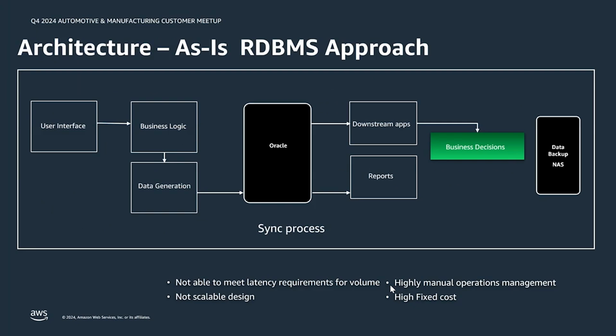Then there will be business logic in place where, using our proprietary algorithms, it runs and the data is generated. The data typically goes to an RDBMS system, where we primarily use Oracle, which stores the information. From there, downstream consuming applications read the data, and then the reports are generated. Based on this, some business decisions are made.